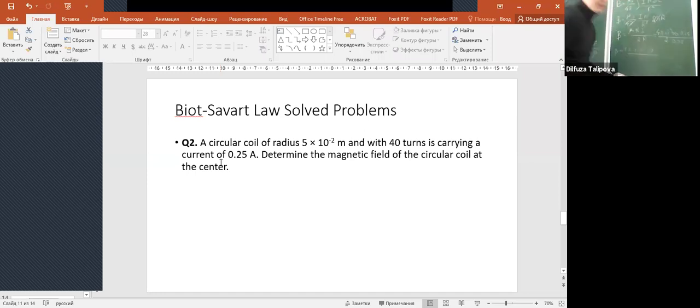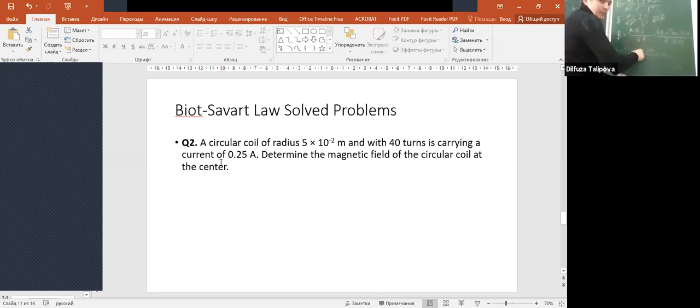So 0.05 multiplied by 2, 0.1 only. So 4 multiplied by 3.14 multiplied by 4, 12.56. 12.6.